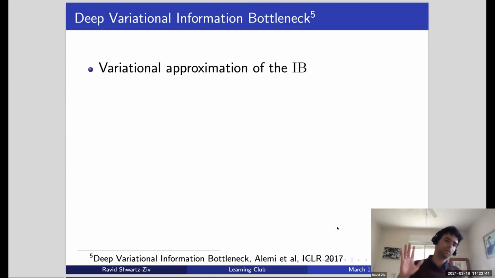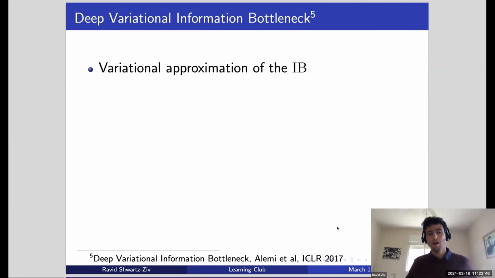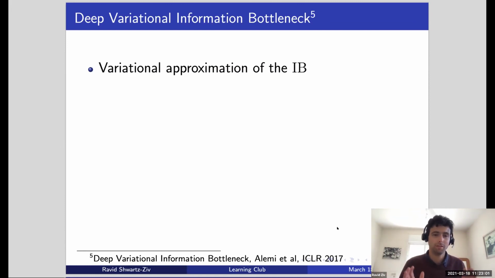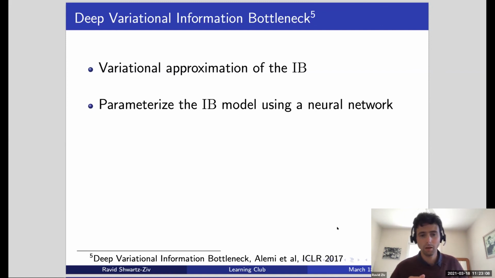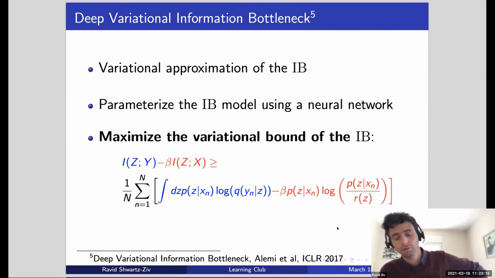The last thing that I wanted to show you is that we apply this to deep neural networks. As you already know, information in neural networks is hard, so we use an approach that says something very simple: let's use a variational approximation of the IB, parameterize the IB using a neural network, and maximize the variational bound of the IB.